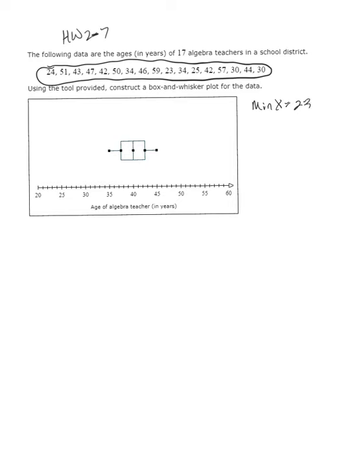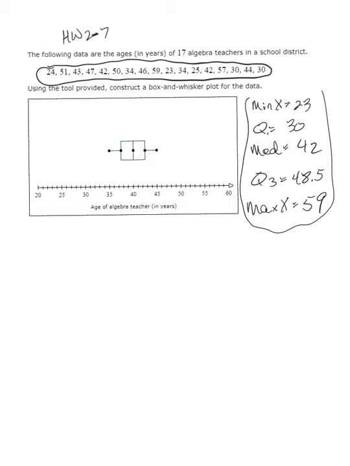I've already done this, so I'm just going to pop out these numbers for you. Okay, so the box and whisker plot uses these 5 data.